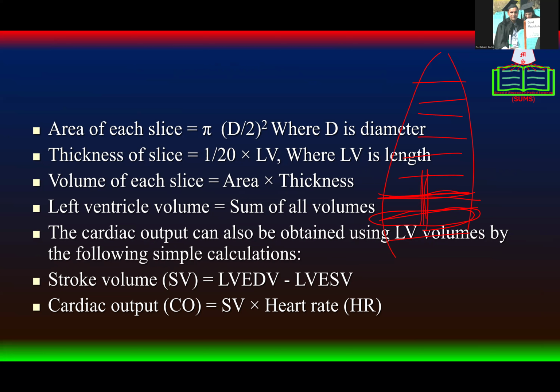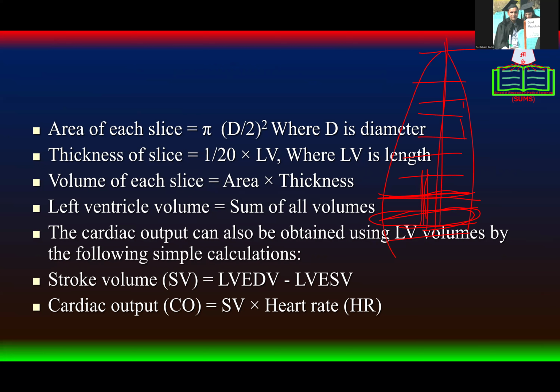So we'll divide d by 2, and we'll put them in the equation where d is the diameter. Thickness of the slice will be the entire length from here to here, and that length is divided into 20 equal segments. So the entire length divided by 20 will be the thickness of each individual slice.